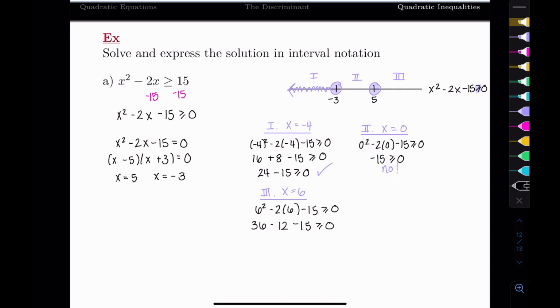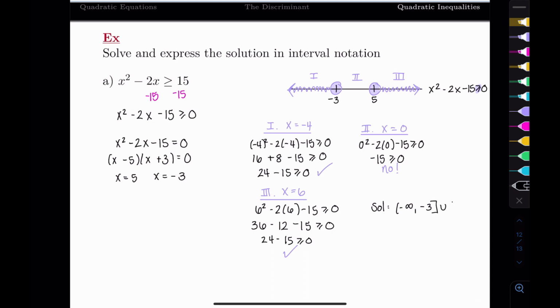If you do 36 minus 12, that's 24, minus 15 is greater than or equal to 0. This is definitely good as well. So everything in interval 3 is going to work. So our solution to this inequality is interval 1, which is negative infinity to negative 3, and we can equal that.